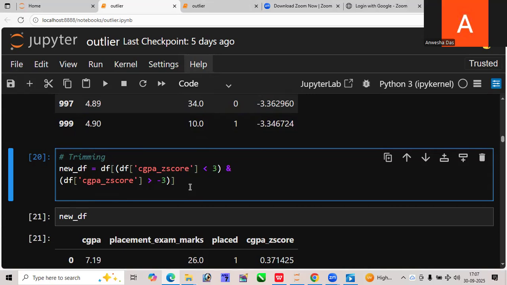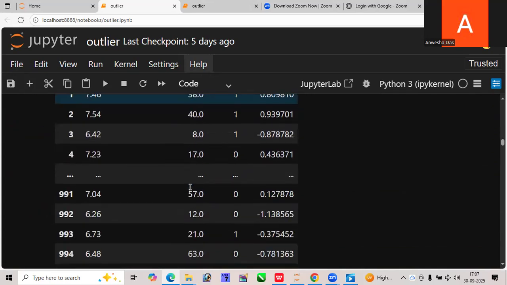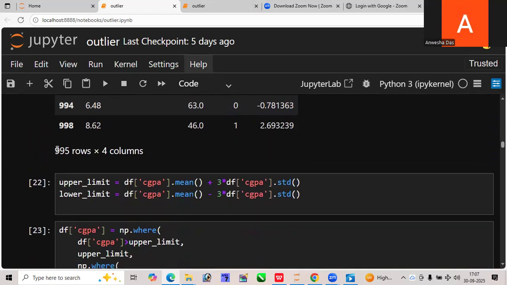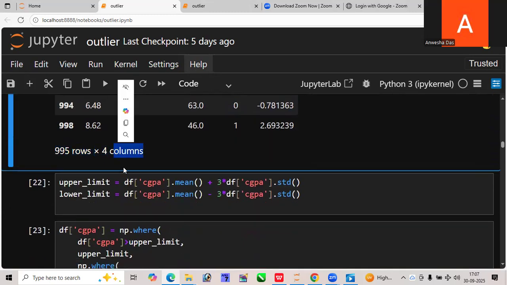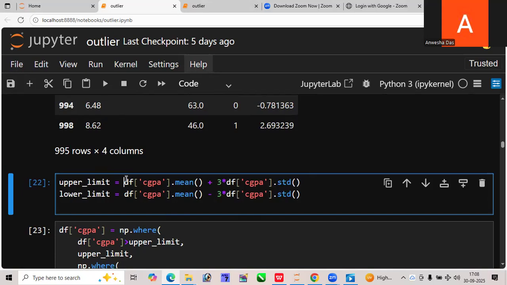That means no outliers. I have only kept that particular data. And again I got 995 rows and 4 columns.